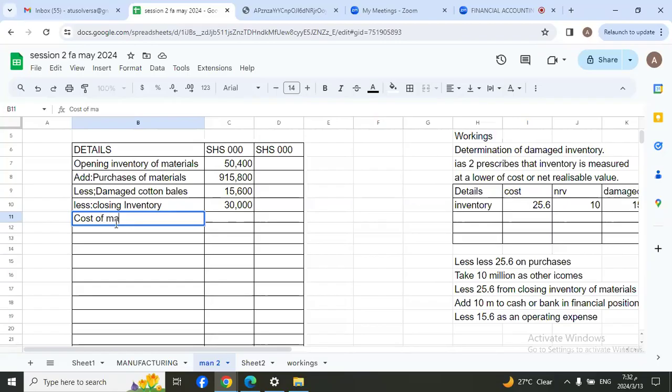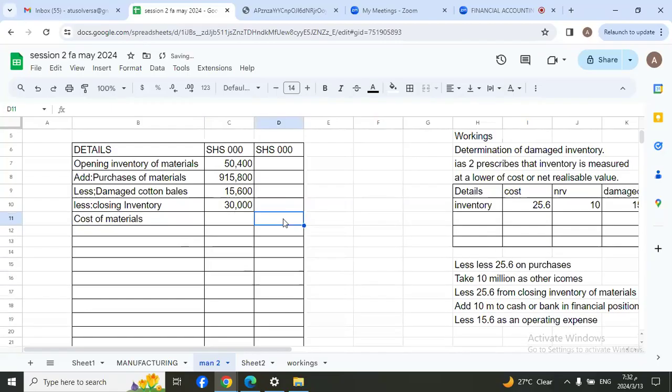Cost of materials. So the cost of materials, I'm going to post it to the other side. It is 50 plus 915,800 minus this, still minus this one. I'm getting 926,600.